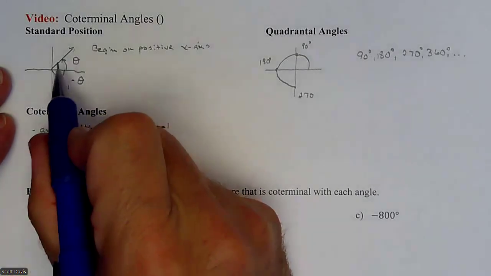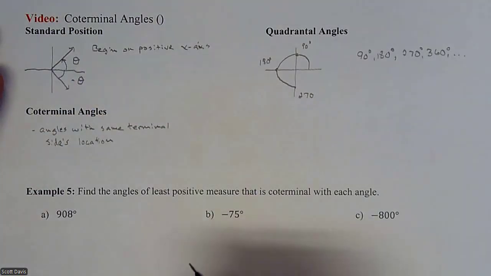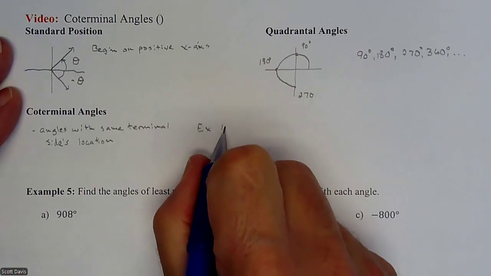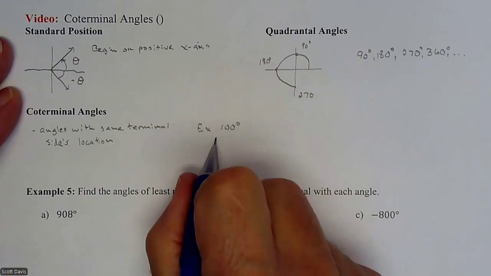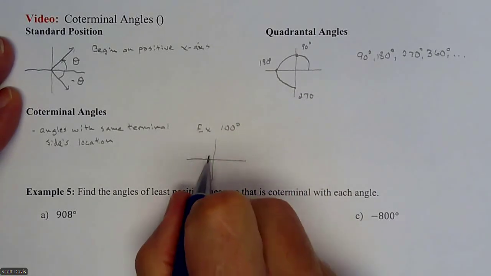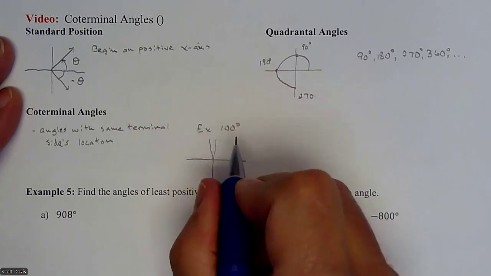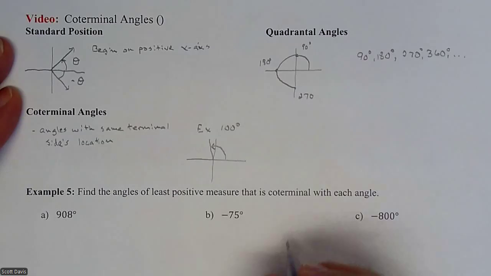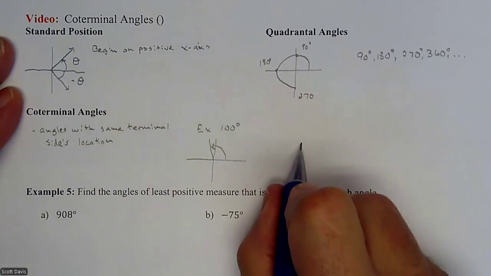So these are the terminal sides. If you were to graph something like, for example, 100 degrees, visually we're going to be a little bit past the 90. So there's our 100 degrees.